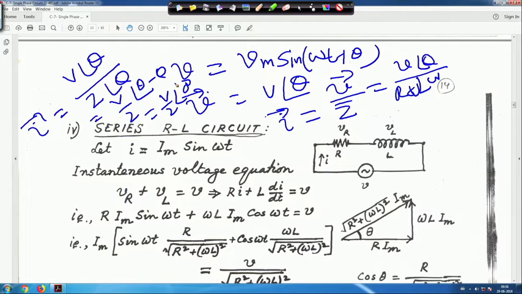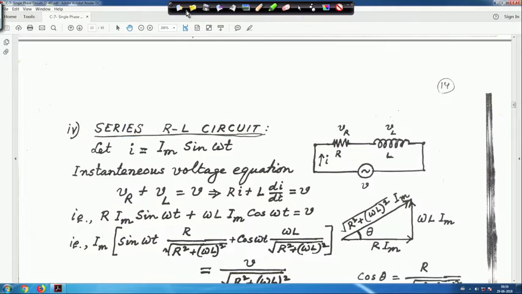That means the current we assumed, I equal to Im sin ωt, is nothing but I at angle 0 degrees. I just showed you the reverse calculation; when you solve the circuit problem, you will see this. In terms of phasor, I is Im by root 2 RMS value at angle 0 degrees.